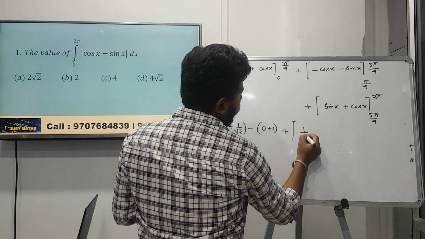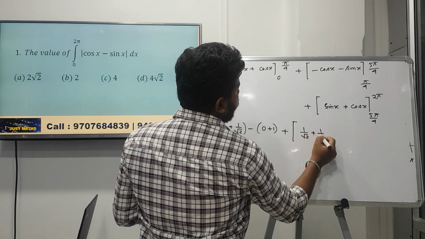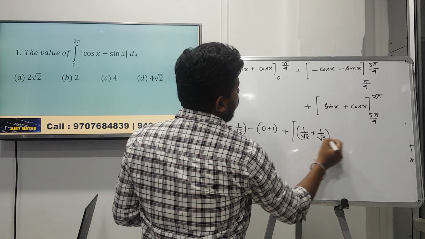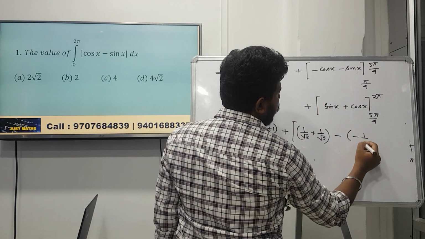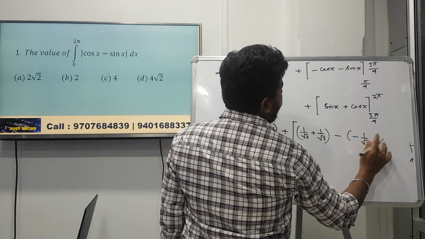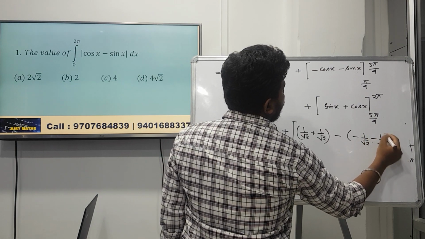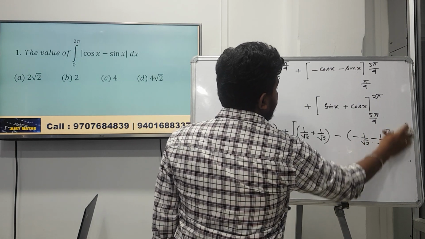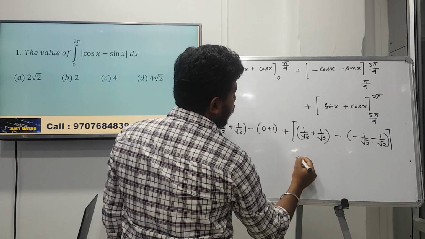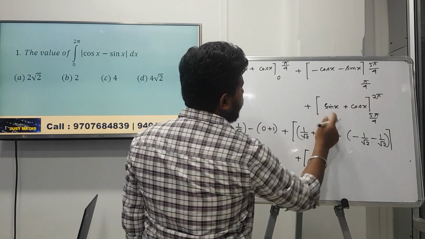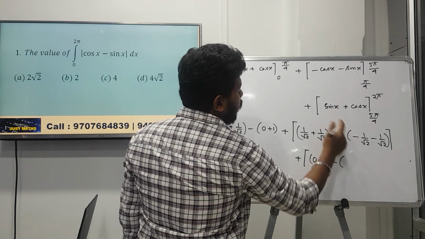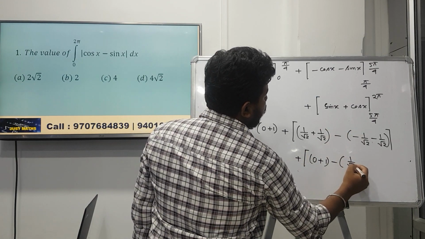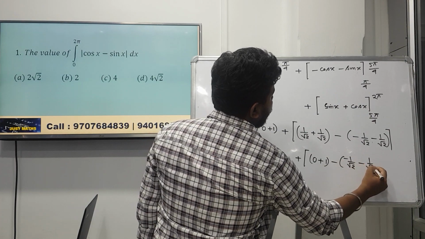It will be 1/√2 plus 1/√2. Now put π/4: minus 1/√2, minus 1/√2. And put 2π: sin 2π is 0, cos 2π is 1, and put this, minus 1/√2, minus 1/√2.